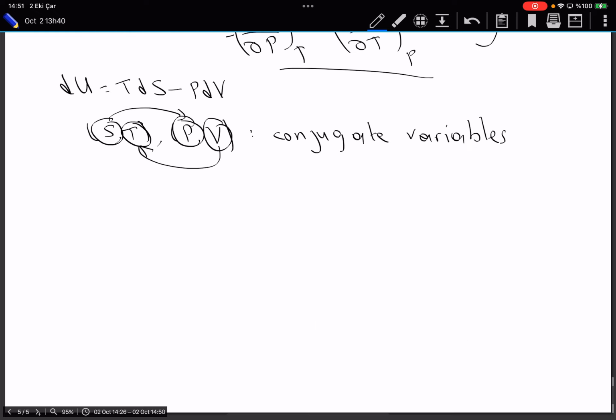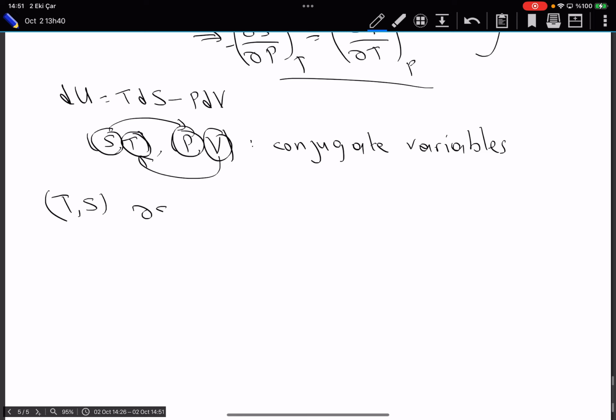For example, let's look at TdS, S and T. What is the derivative of the entropy with respect to temperature, keeping something constant? You see, when I tell you about the process, that will tell you what you are keeping constant. I don't know if you keep volume constant or the pressure constant or the chemical potential constant, etc. The process will tell you what X is.